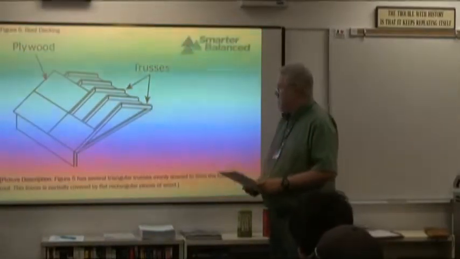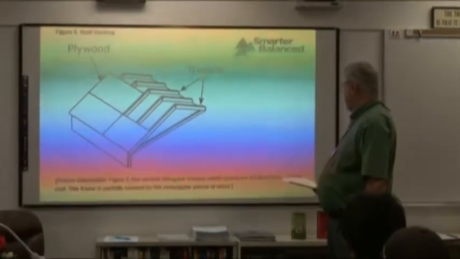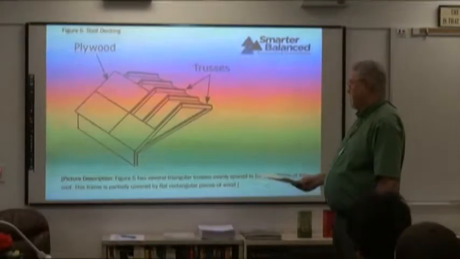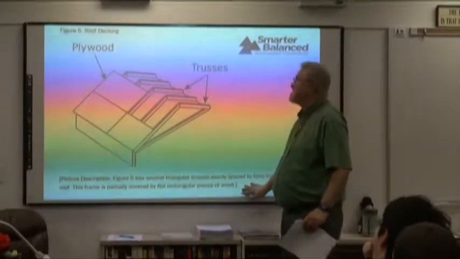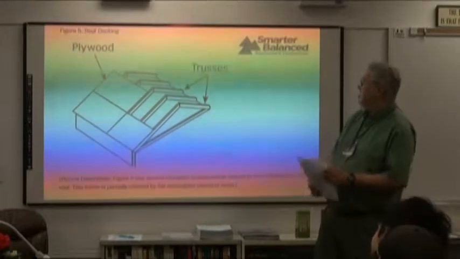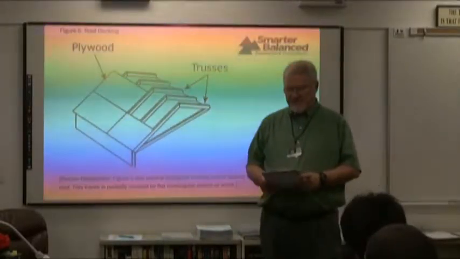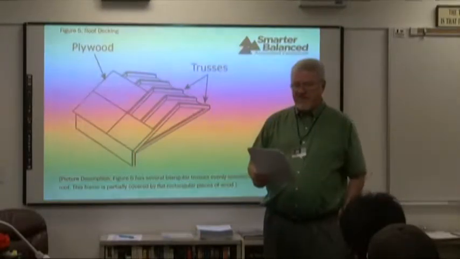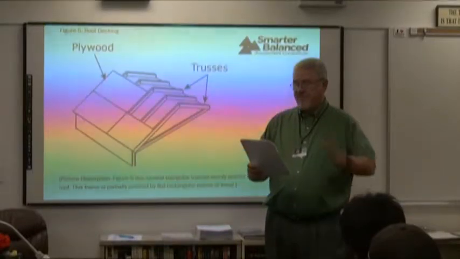All right, and here's figure 5. It has several triangular trusses evenly spaced to form the frame of the roof. This frame is partially covered by flat rectangular pieces of wood, and you can see they're identified as plywood. So once a frame is built, plywood is nailed down to cover it. Plywood is a strong flat board. It usually comes in 4 by 8 pieces, 4 foot by 8 foot.